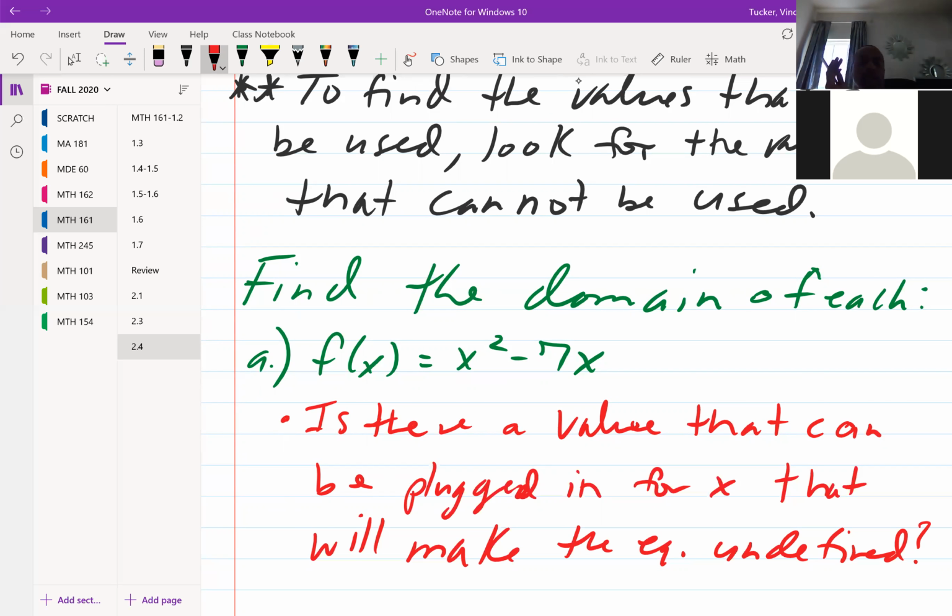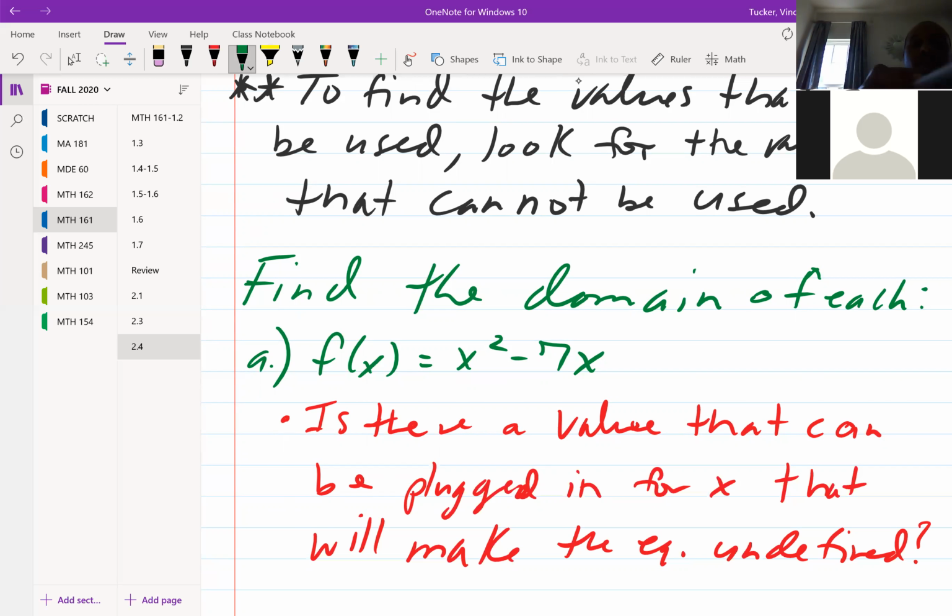Can we plug in anything into this equation that will make it undefined? All right, so the answer is no. I can't plug anything in there that will make it undefined.